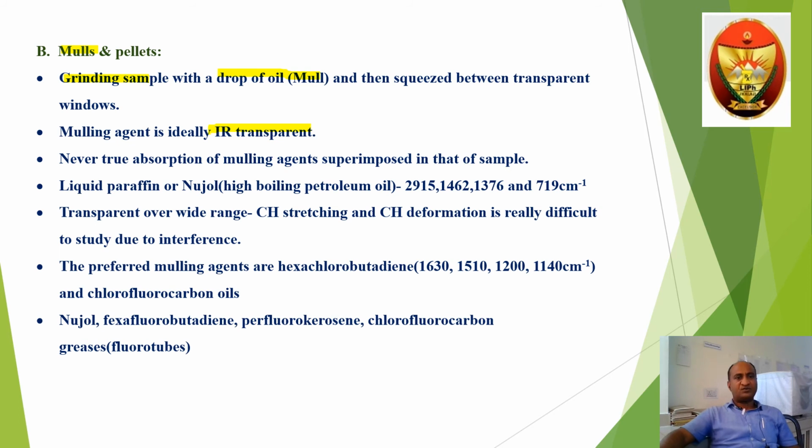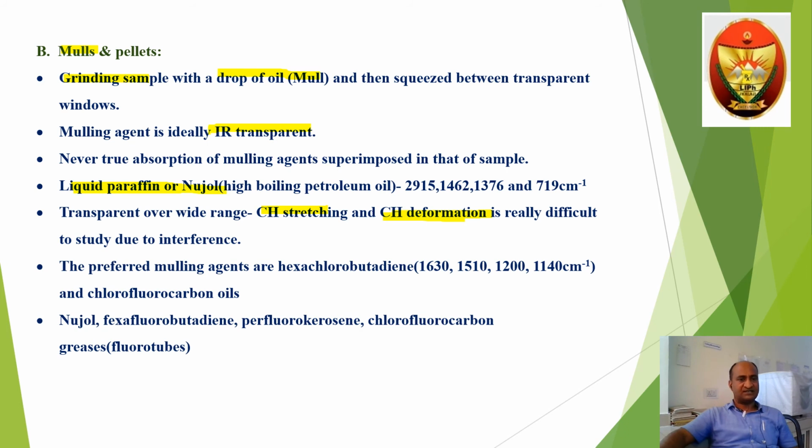If we are using liquid paraffin or Nujol, that is a high boiling petroleum oil, as a mulling agent, it generally absorbs at 2915, 1462, 1376 and 719 reciprocal centimeter. The same absorption is there for the CH stretching and CH deformation. So it is difficult to study CH stretching and CH deformation if we are using liquid paraffin or Nujol as a mulling agent.